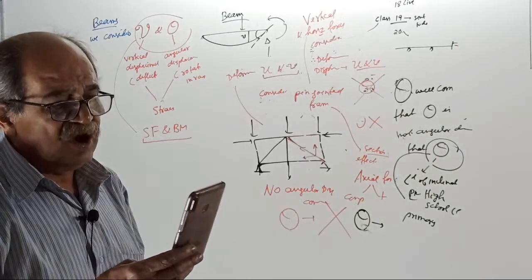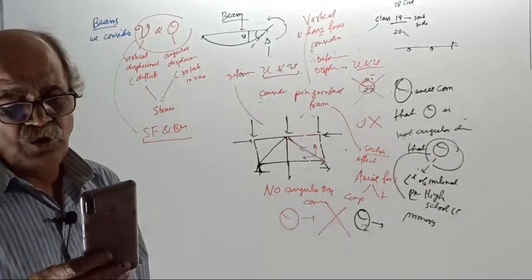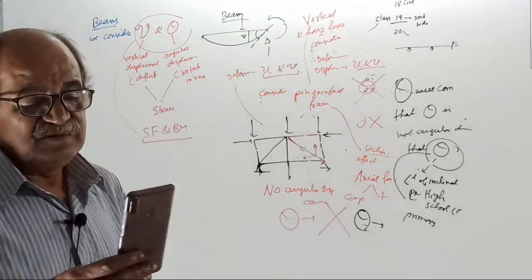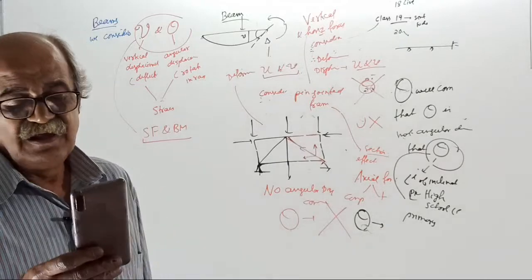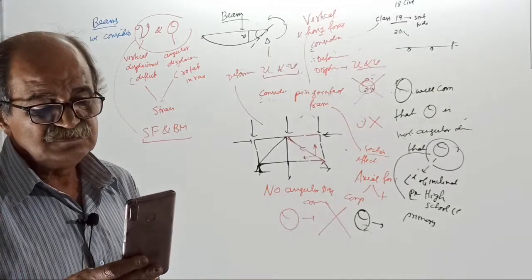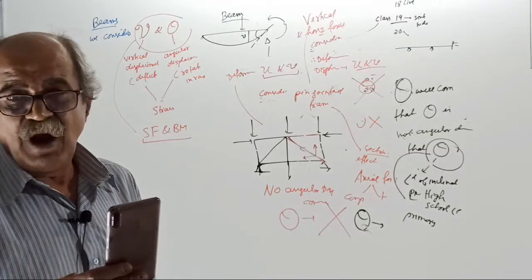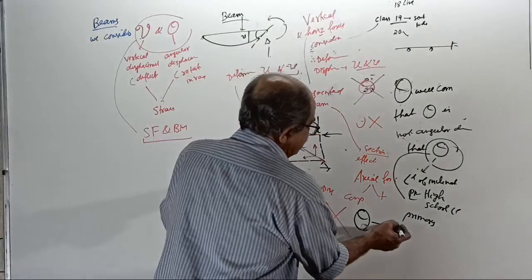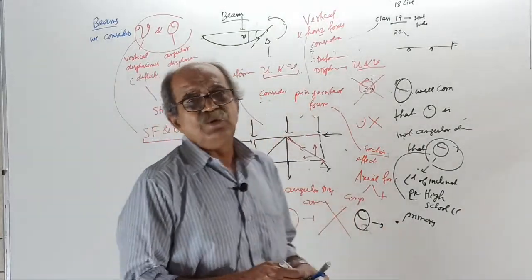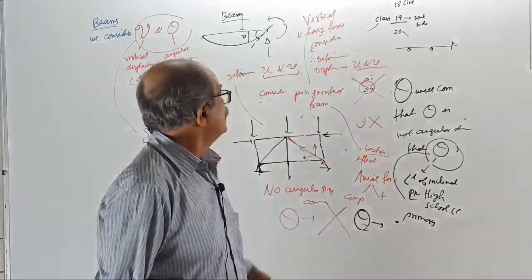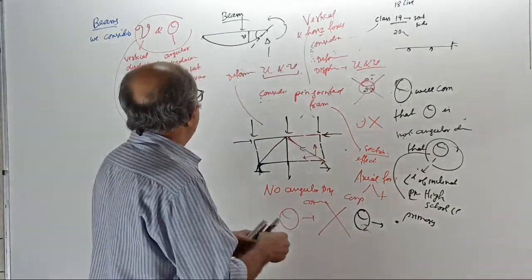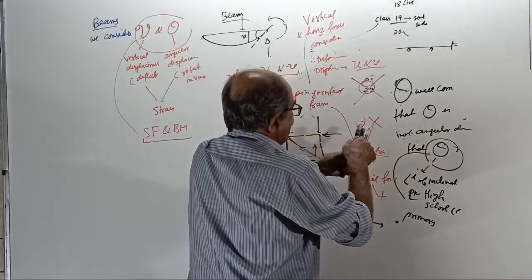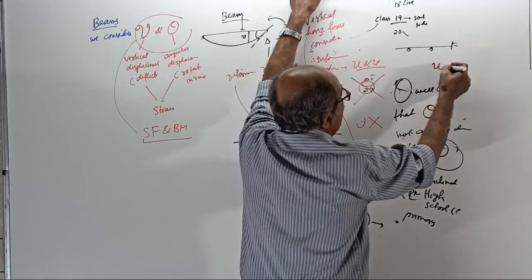They don't use radians. What unit do they use for angle? Degrees. So here theta will be in degrees, and for sin and cos, take the calculator in degree mode. Clear? So therefore, in a pin jointed frame, from the displacement point of view, only u and v are considered.